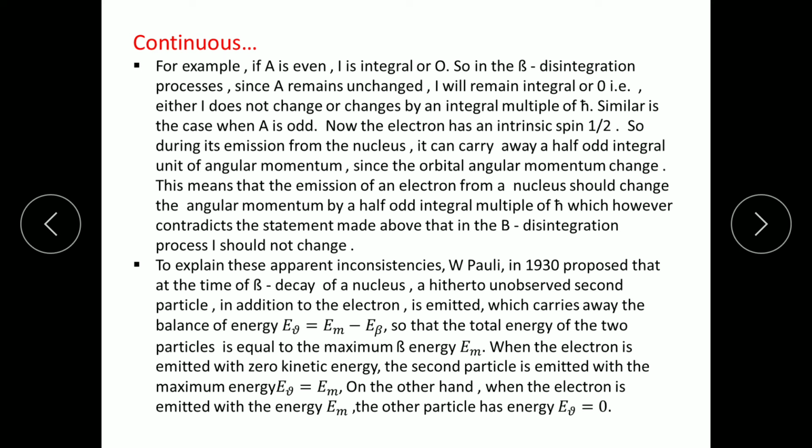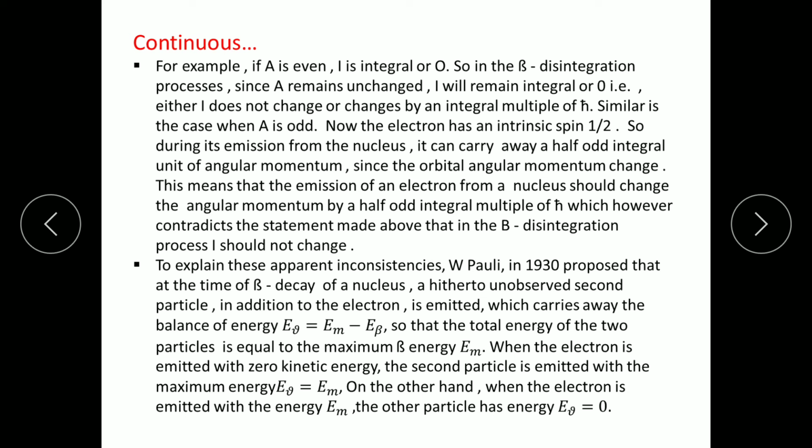Okay, and from these two contradictions, W. Pauli introduced a new particle, which is named the neutrino. Understand, everyone? To explain this contradiction, W. Pauli in 1930 proposed that at the time of beta decay of a nucleus, a hitherto unobserved second particle, meaning one more particle, is emitted along with the electron.